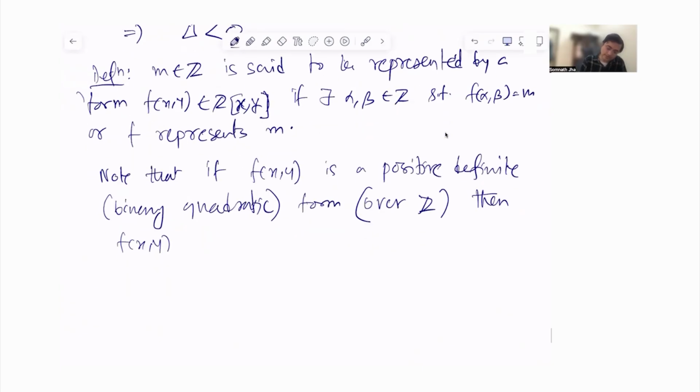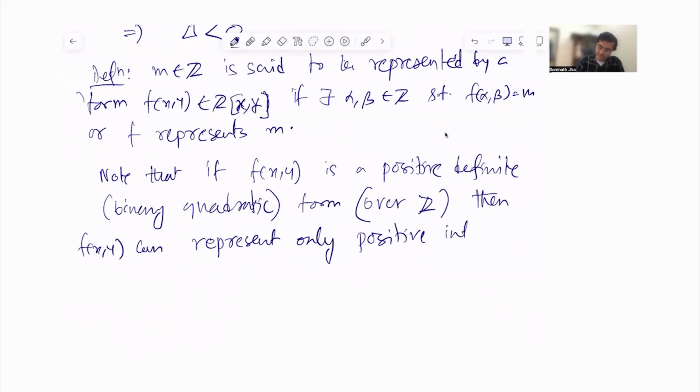Okay. So note that if f(x,y) is positive definite, then f can represent only certain positive integers.